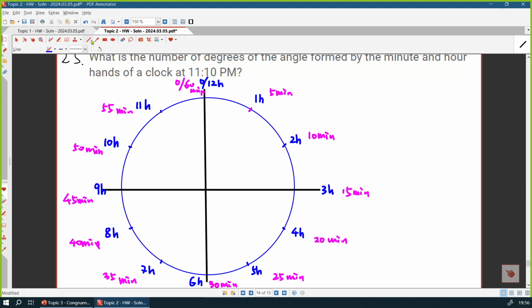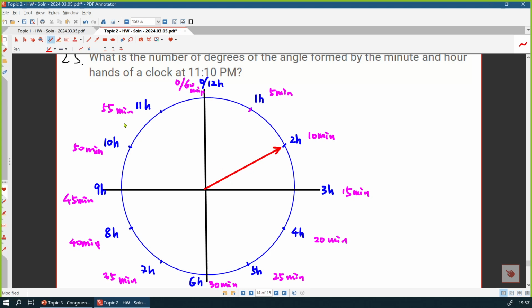Okay, so the question asks us to find the angle between the two hands when we have 11:10 p.m. Okay, 11:10 means your hour hand must be somewhere. Let's first locate the 10 minutes. 10 minutes must be here, right? Exactly here, right? This is 10 minutes.